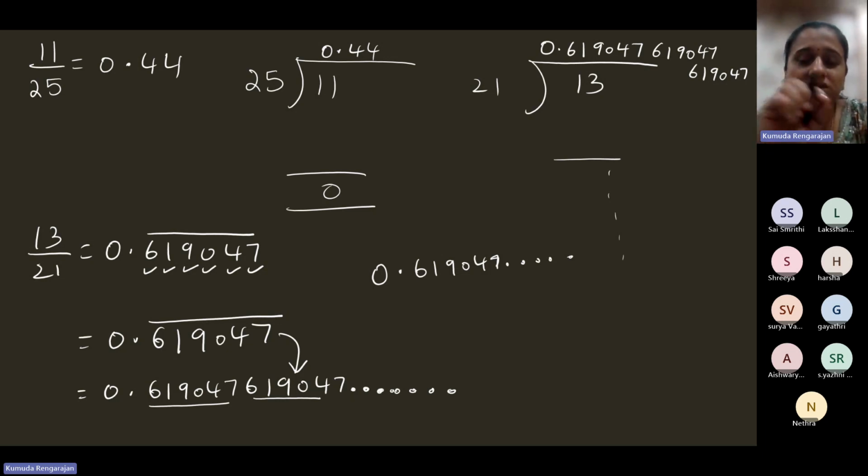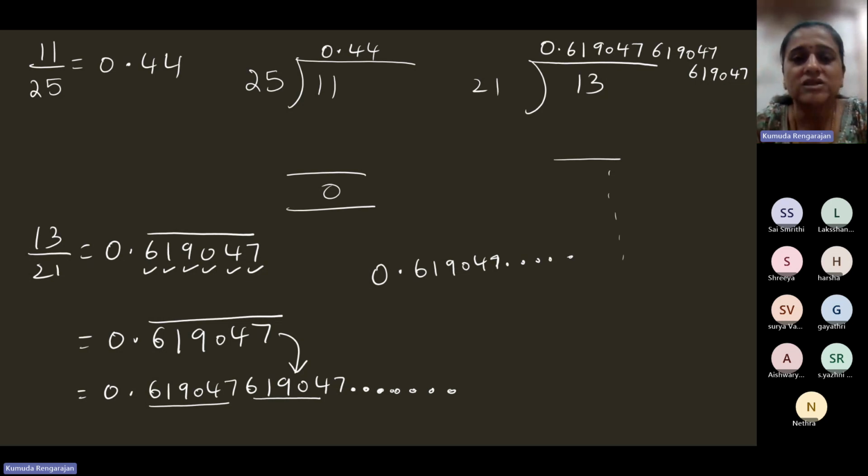Now, only these two things can happen when you divide an integer by another integer, that is, when you find the decimal expansion of a rational number. When you perform the long division, only two things can happen. Division comes to an end with a zero remainder. In this case, the quotient is a terminating decimal.